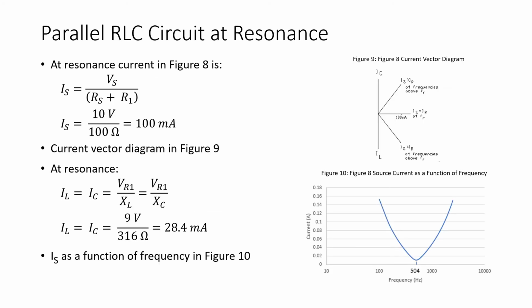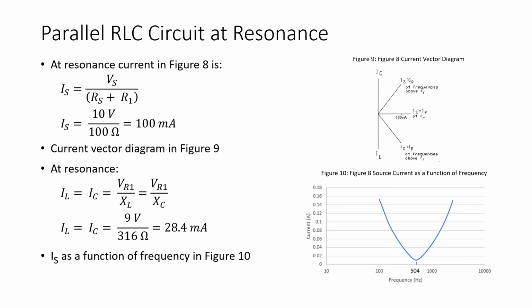At resonance, since IC and IL are equal and opposite in direction, the only current delivered by the source flows through RS and R1. So the source current at resonance will be 10 volts divided by 100 ohms, or 100 milliamps. Again, the 10 volts and the 100 milliamps are RMS quantities.